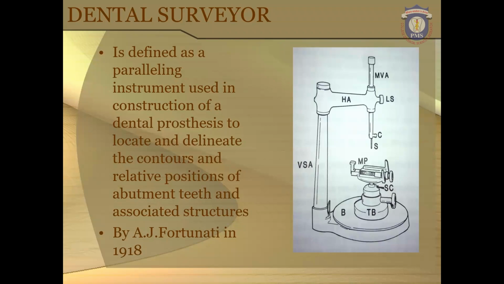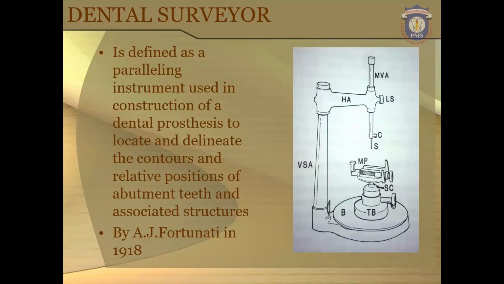This was introduced by A.J. Fortunati in 1918. Long back this was introduced, but still the same dental surveyors, the conventional model which was introduced back in 1918, are still in use in the field of dentistry. Newer advances have come up, but the conventional design is still in use.